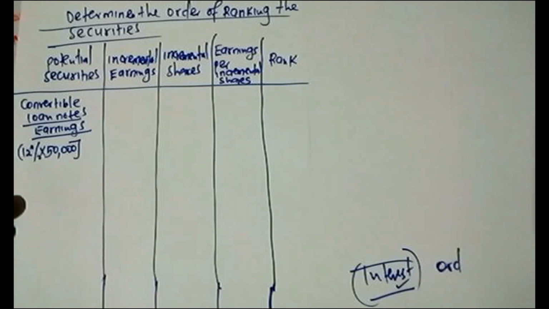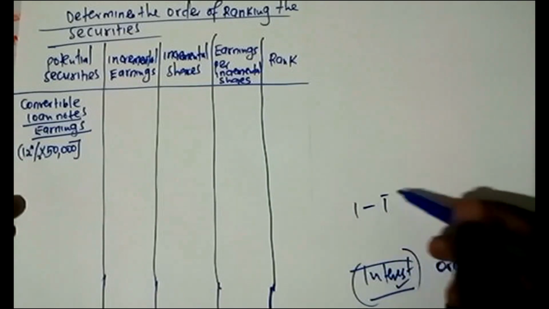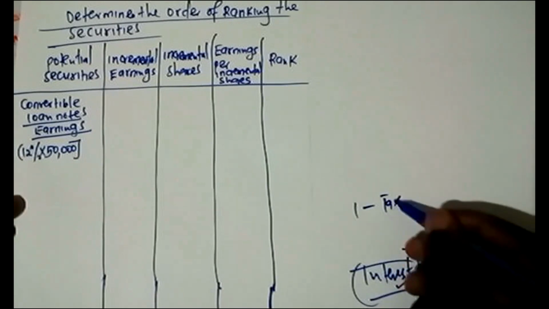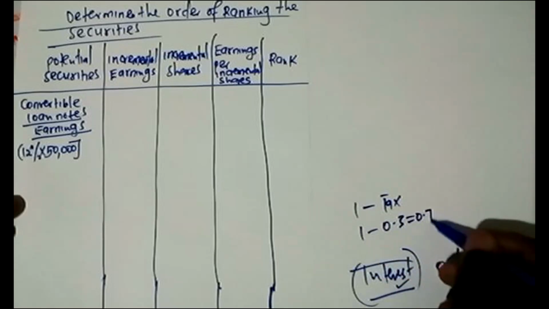Since the relevant payment they were supposed to make concerns interest and they never paid, remember that interest is an allowable expense. It has to attract a tax shield, and we say the tax shield is 1 minus T. You can see in the last additional information that you were given tax. T is concerning tax, so you say 1 minus 0.3, so that is 0.7.